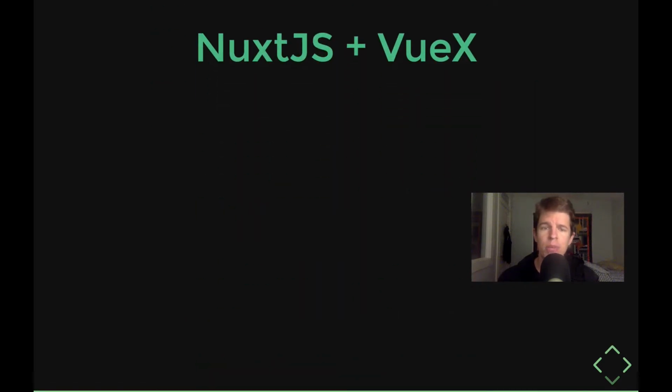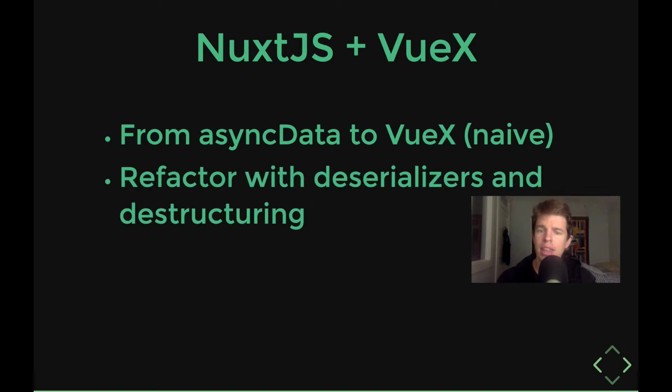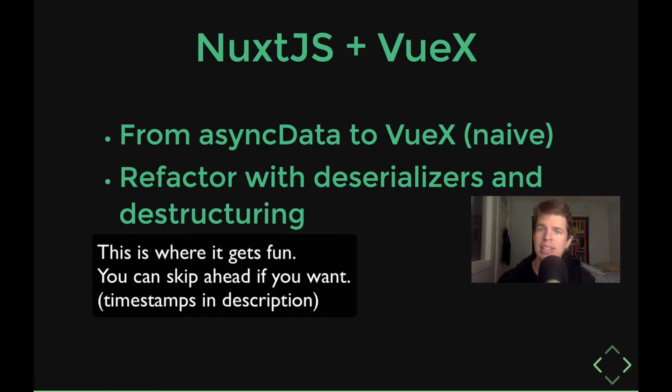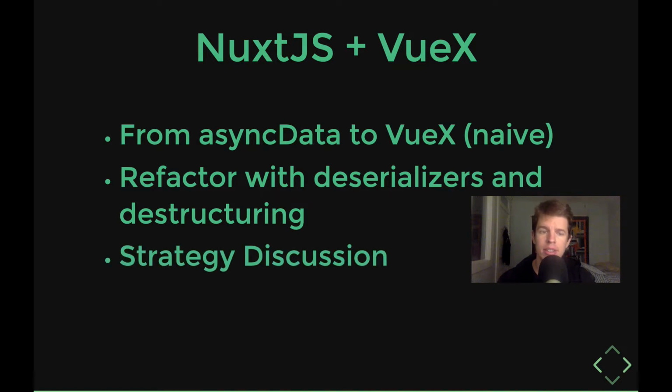All right, so this is what we're going to be doing today in order. So first, we're going to be moving from asyncData to VueX, and we're going to be doing this in a pretty naive way, basically copying it over and changing enough stuff to make it work. Then we're going to refactor that code so it's less repetitive and easier to read, using deserializers, destructuring, and some custom methods.